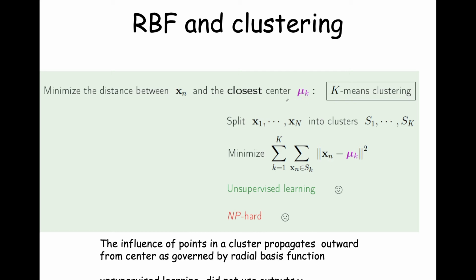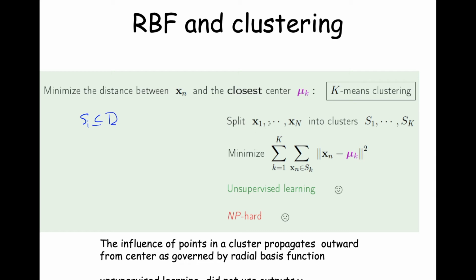And so we're going to first begin by taking our in-sample data, and we're going to split it into a set of clusters, and we define each cluster as S1 through S big K, where each of the S's is going to represent some subset of our entire data set. Now, of course, how do you make this assignment? Well, we'll get into that when we talk about Lloyd's algorithm for actually doing the clustering.